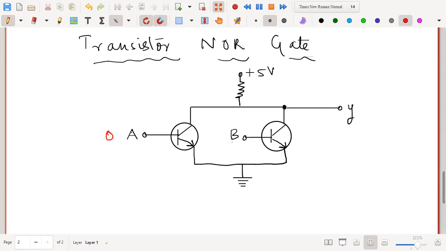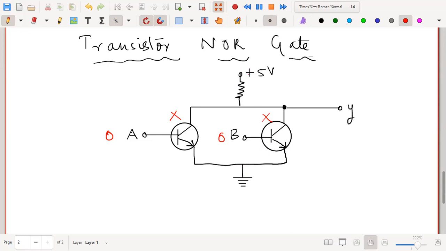When A is 0 and B is also 0, what happens? When A is 0, the transistor will not work. Similarly, this transistor will also not work. So the current cannot flow through both these transistors.